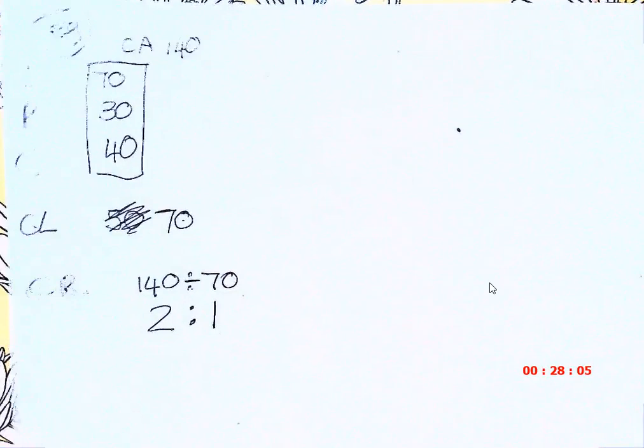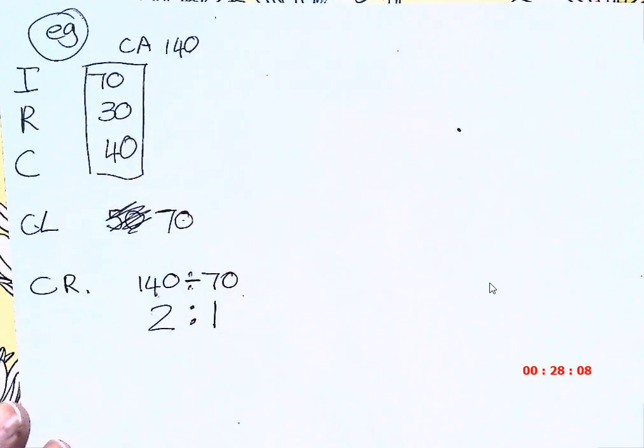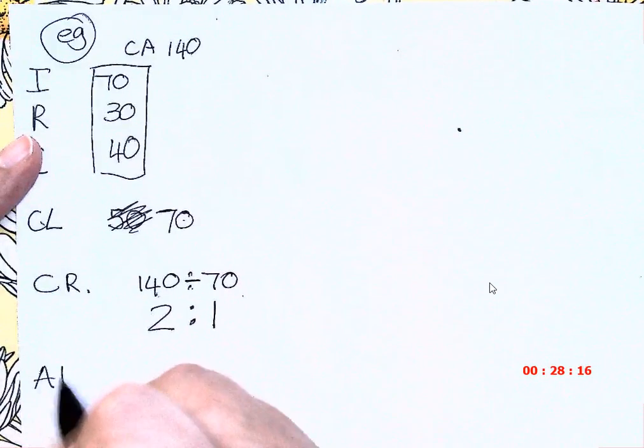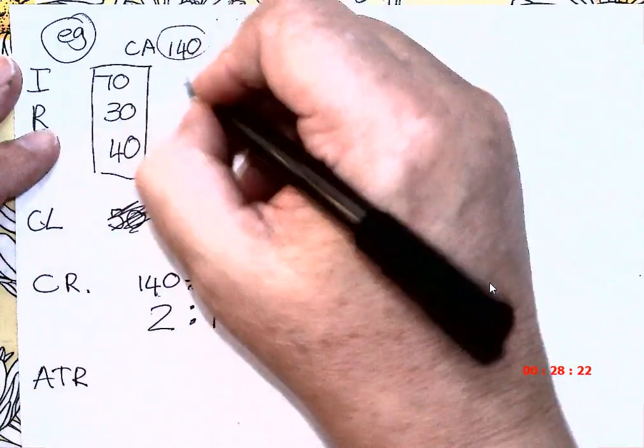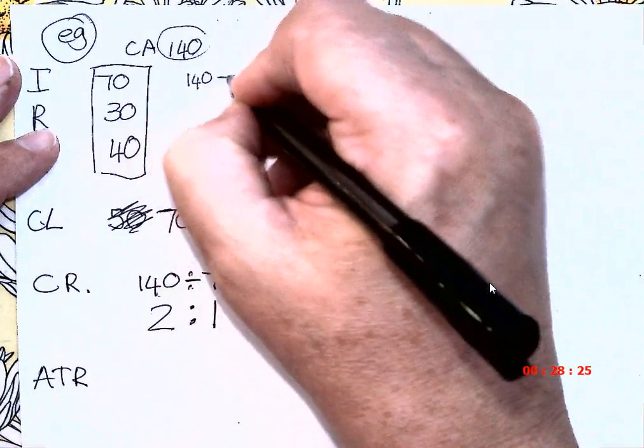Do you think this is a good ratio? Of course this is a good ratio. Okay? Now, if I do my acid test ratio, I can do it one of two ways. I can say 140, the total, less the inventory.